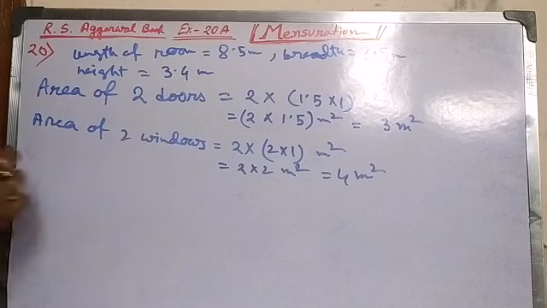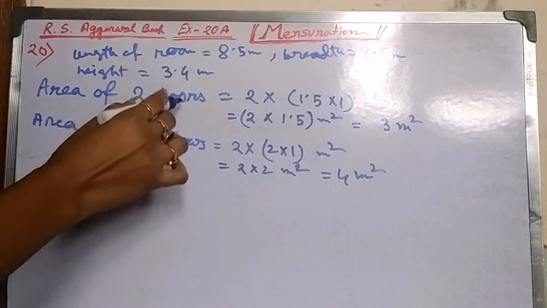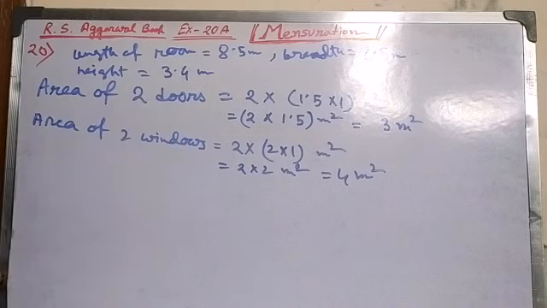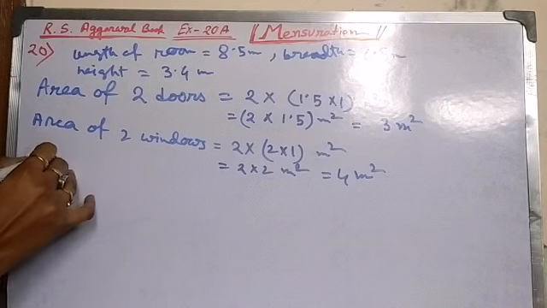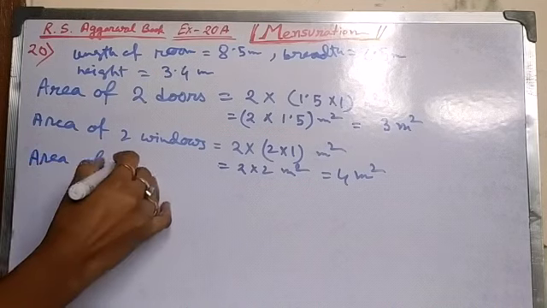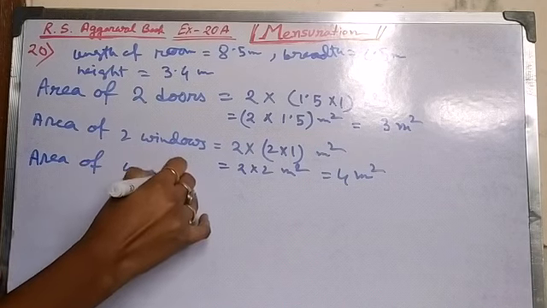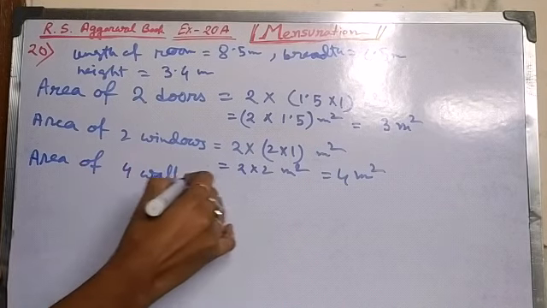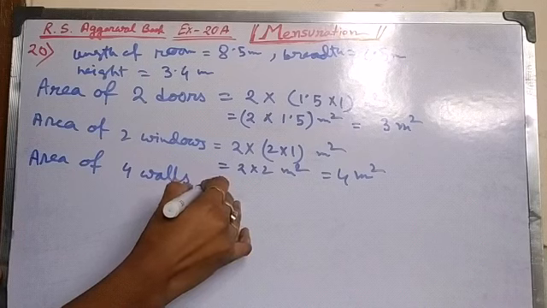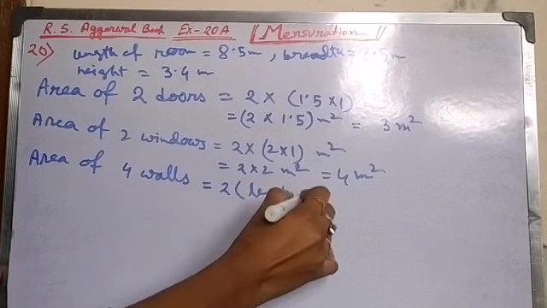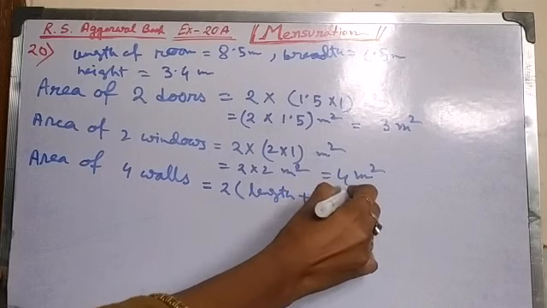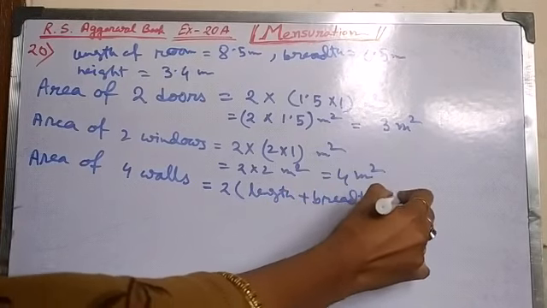So we have to deduct this area from the 4 walls area. So area of 4 walls, at first we will find out. 4 walls equal to 2 into (length plus breadth) into height.